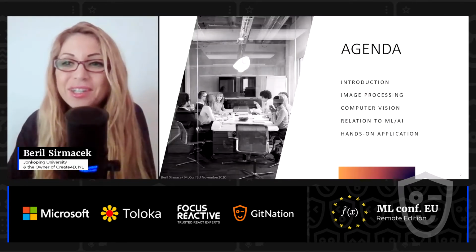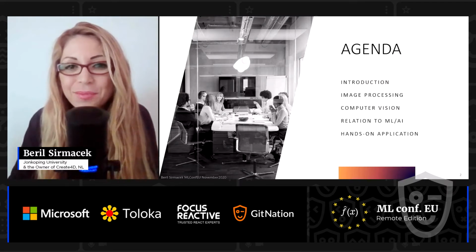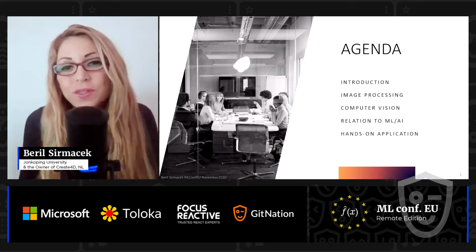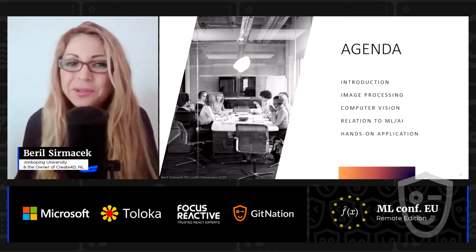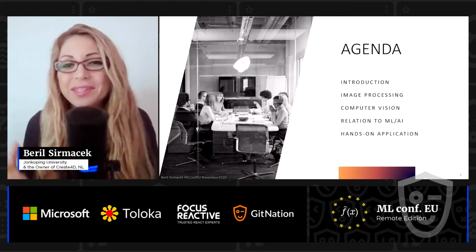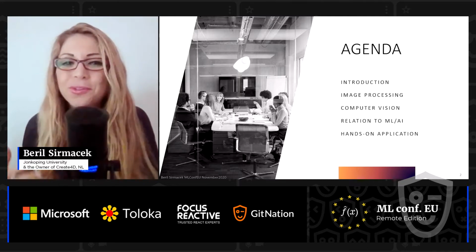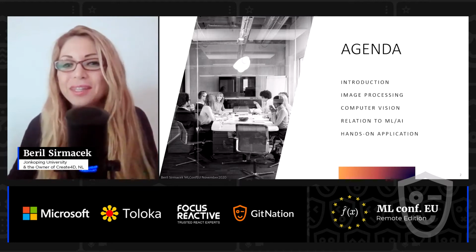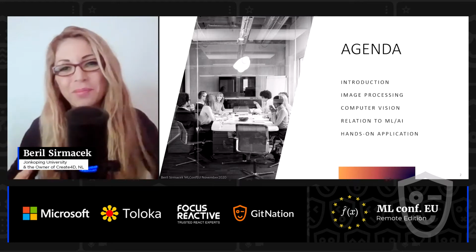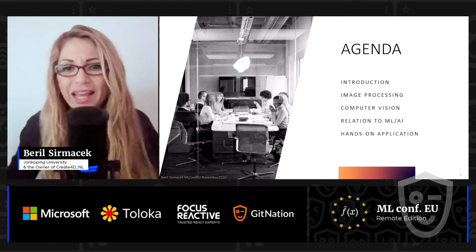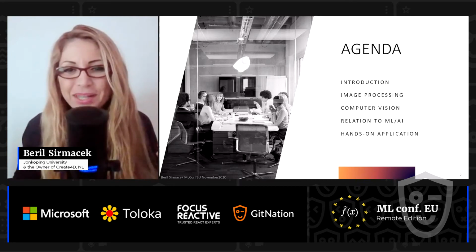So this is my agenda for today. After a small introduction, I will first introduce what image processing is, some image processing algorithms, and then we will look at computer vision. And we will see some classical computer vision algorithms. Finally, I want to address how we can combine computer vision and machine learning and how it is different from regular AI solving all problems by itself.